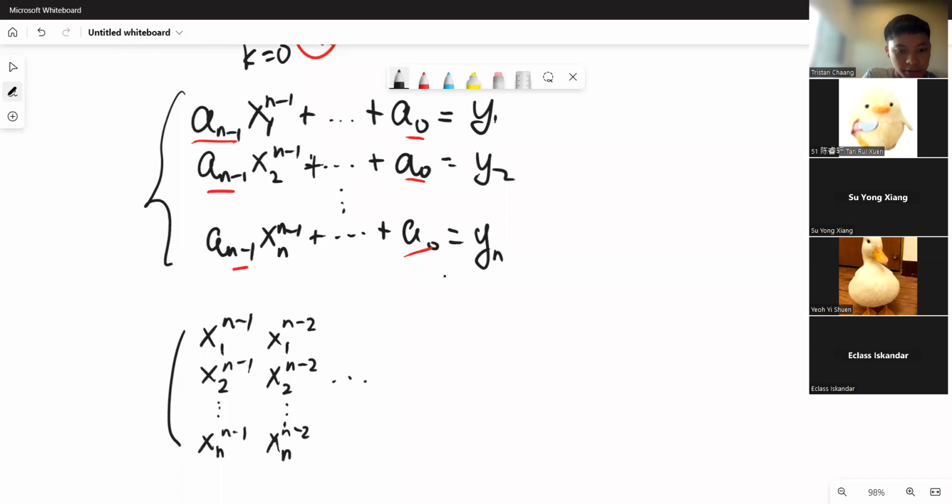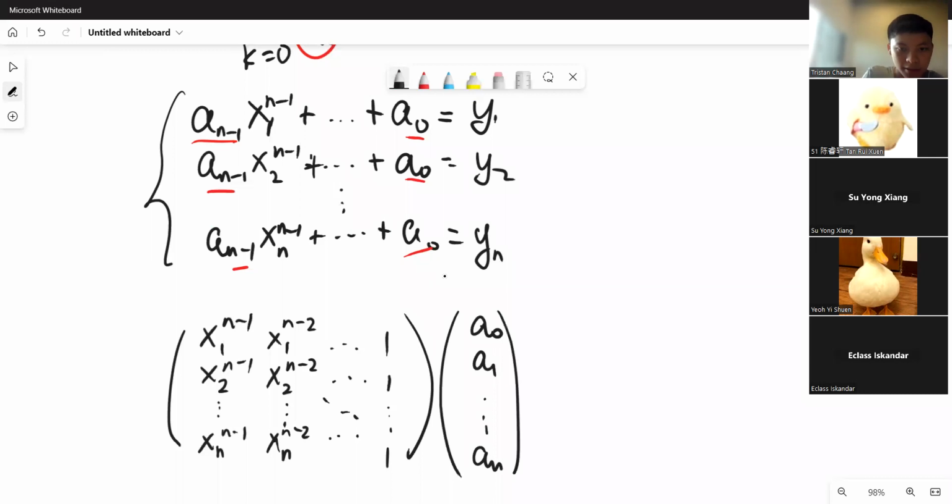This matrix times a_0, a_1, dot dot dot, a_(n-1) equals y1, y2, dot dot dot, yn.